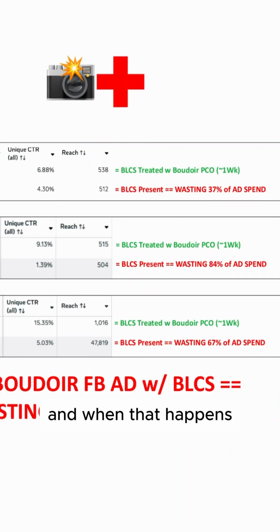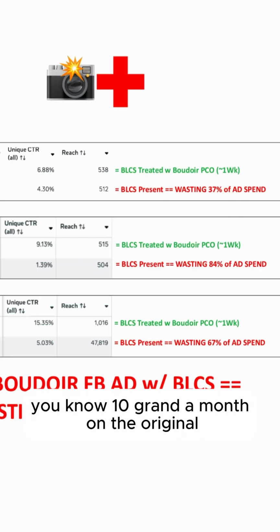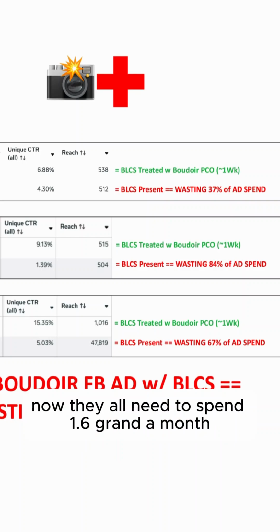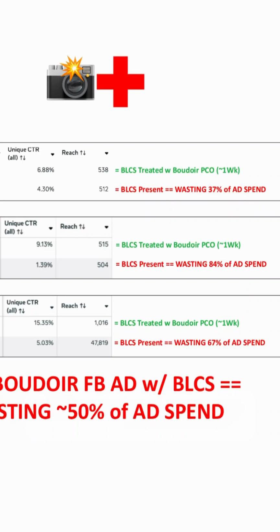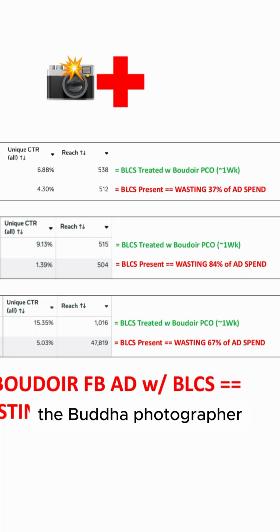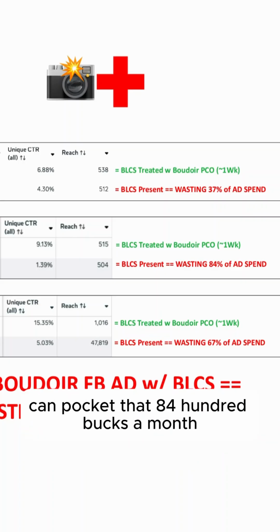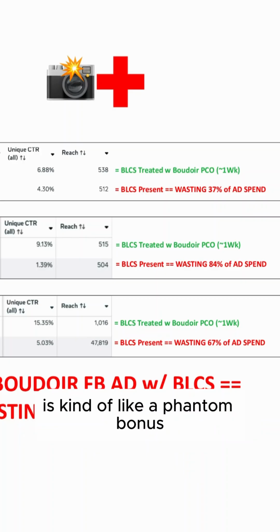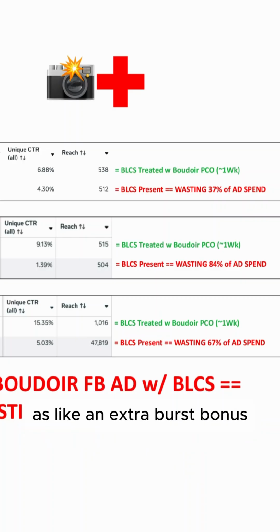And when that happens, if they're spending 10 grand a month on the original, now they only need to spend 1.6 grand a month with the boudoir Pico treated ad and get their ad into the same number of women's brains in both scenarios. And that means the business owner, the boudoir photographer, can pocket that $8,400 a month that they no longer have to spend as kind of like a phantom bonus, an extra burst bonus.